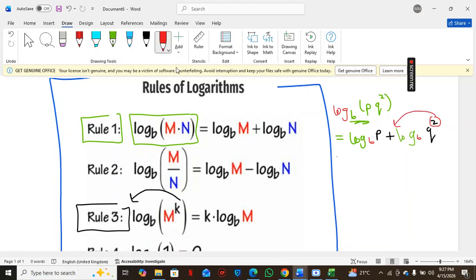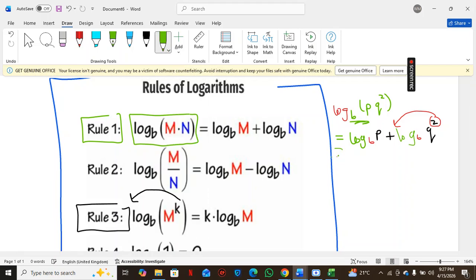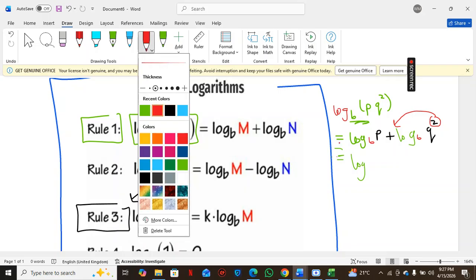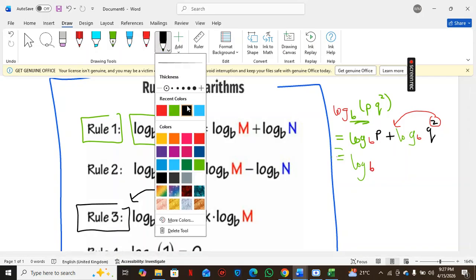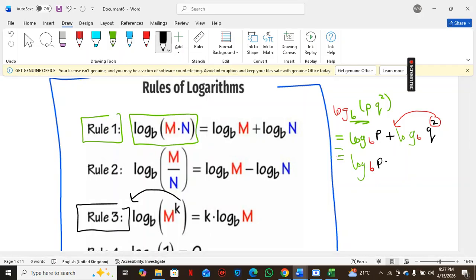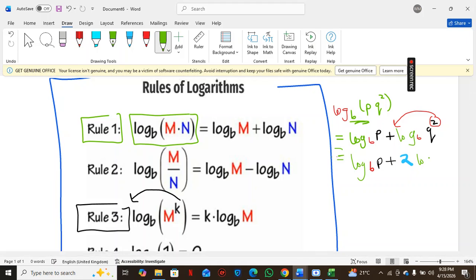So our expression is now going to read log_b p plus 2 log_b q.